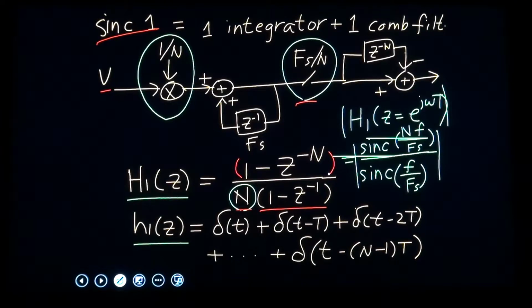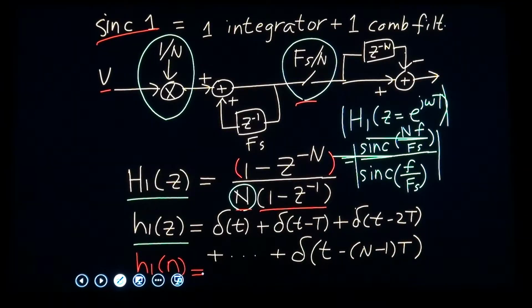Let's just see. The impulse response can be represented by H1n. This H1 represents the first order sinc filter. This H1n is just delta t.